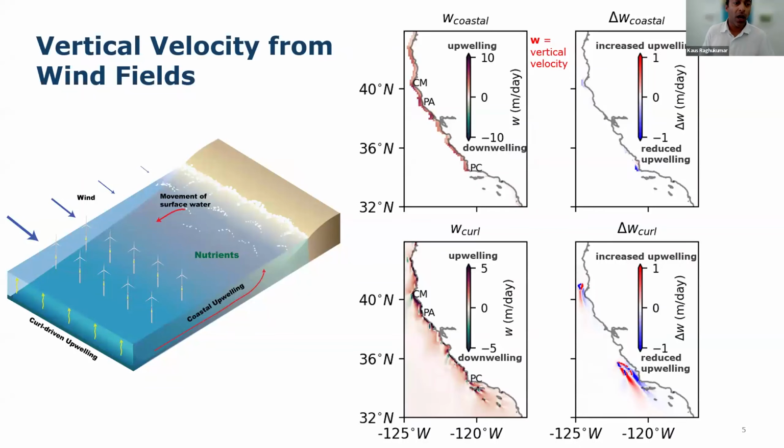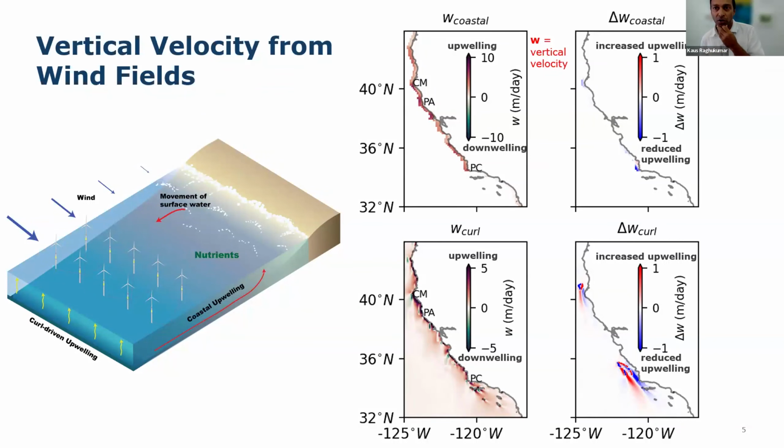Here I show vertical velocities associated with the wind fields, which tell us whether the water in the surface waters is going up, or upwelling, towards the surface, or going down, which would be downwelling. We parse these vertical velocities into two components: the vertical velocity associated with coastal upwelling, shown in the upper row, and the vertical velocity associated with curl-driven upwelling, the bottom row.